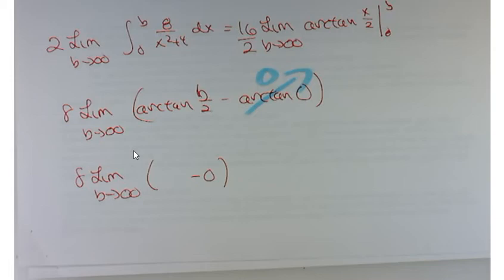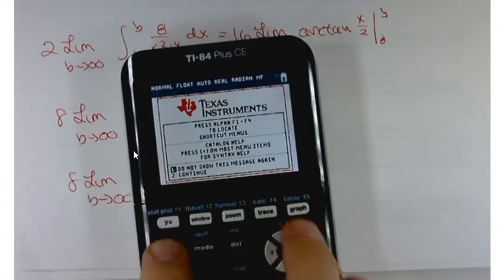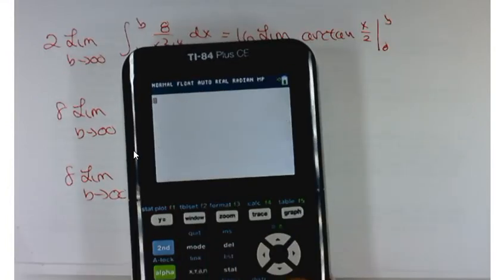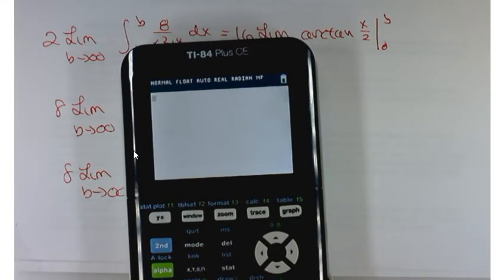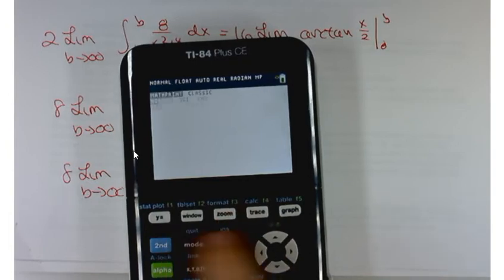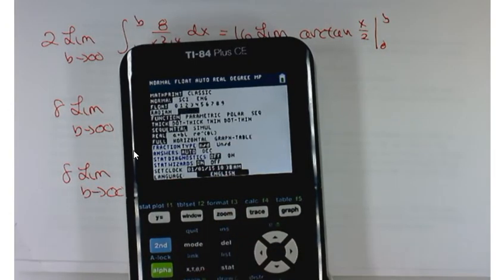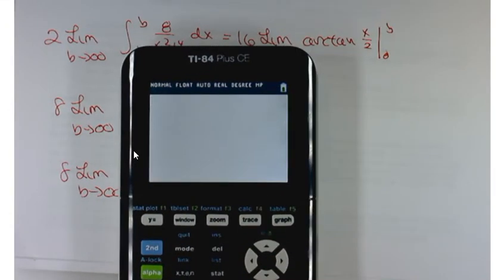Can you figure it out with your calculator somehow? Not with cosecant. Not 45. You'd probably be best off putting your calculator in degree mode. And then let's take the arctan of ever bigger numbers.